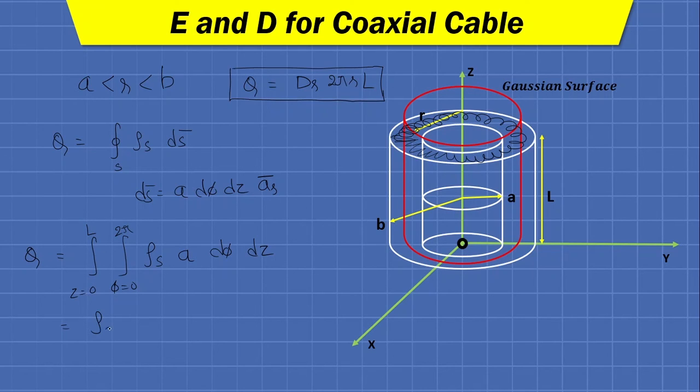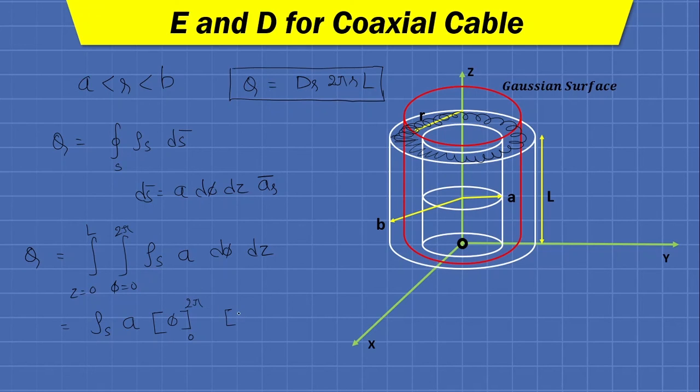So rho s will be constant, it will come out of the integration. Same way the radius of the inner cylinder, that is a, is also constant, so it will come out of the integration. Now the integration of 1 with respect to phi will be phi itself with lower limit 0 and upper limit 2 pi.